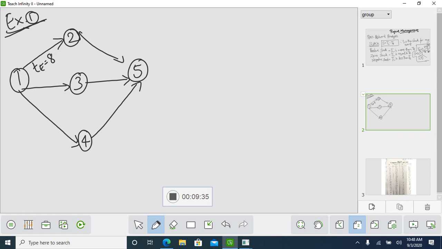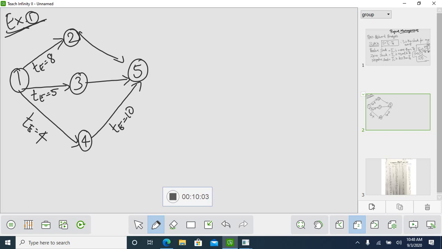Okay, the expected time for event 1 to 2 is 8. For 1 to 3 the expected time is 5. For 1 to 4 the expected time is 4. For 4 to 5 the expected time is 10.